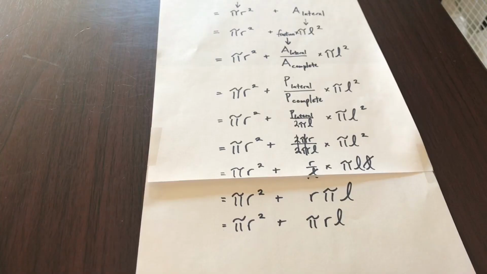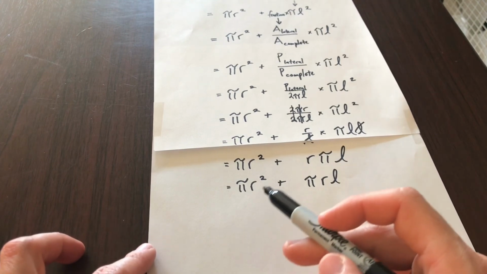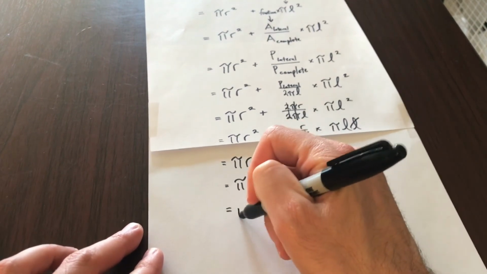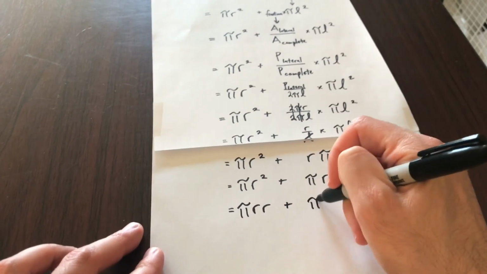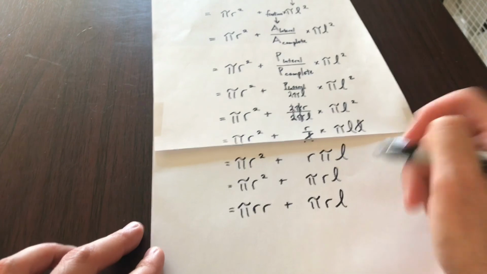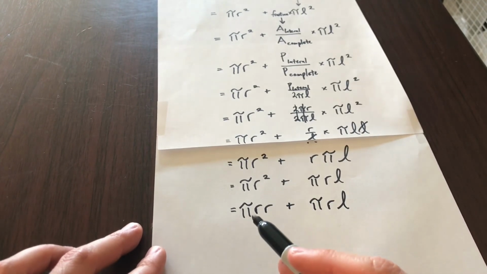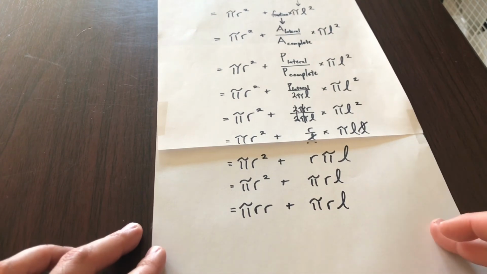However, when doing problems, it's sometimes easier to write this expression in a different way. First, write r squared as r times r. Then notice that both of these terms have pi r in them, so we can factor that out.